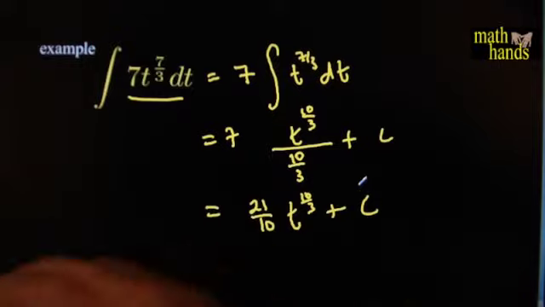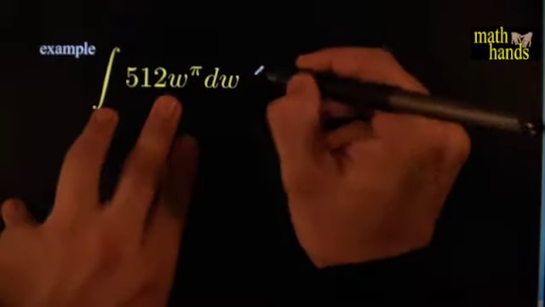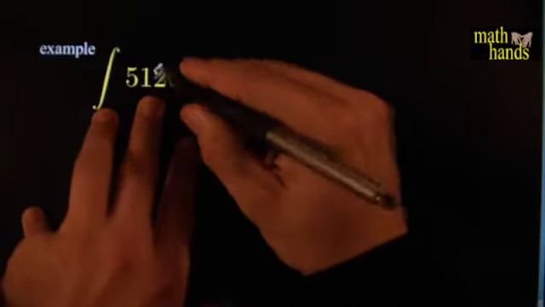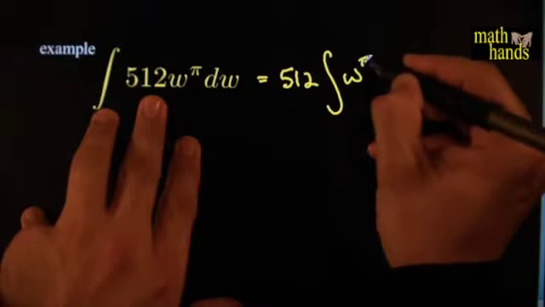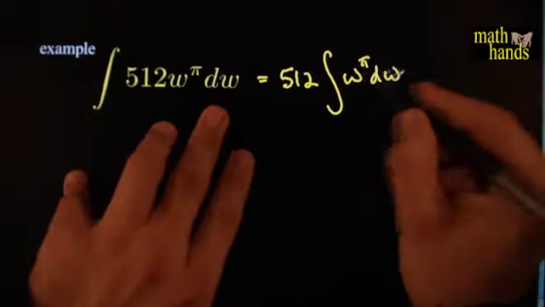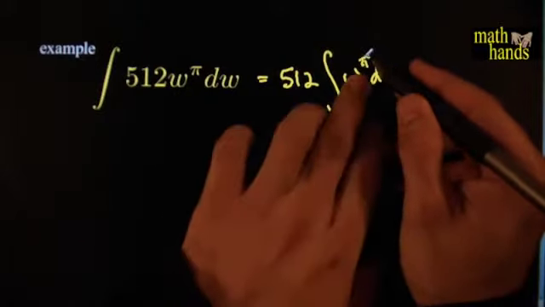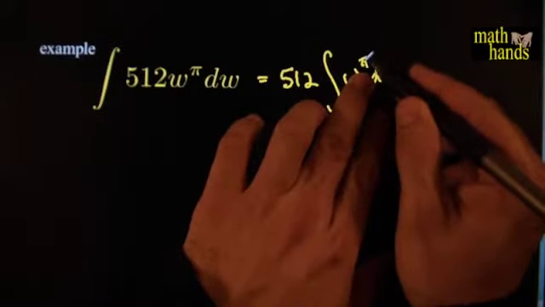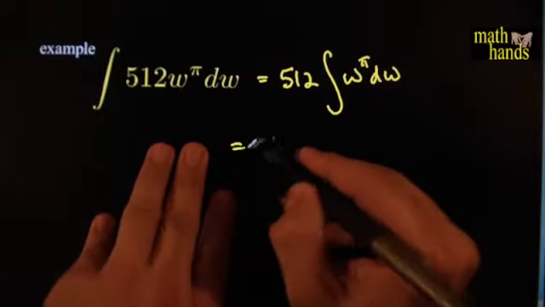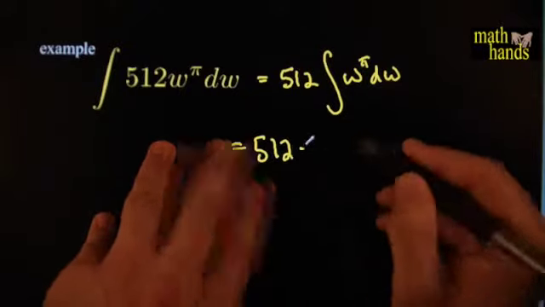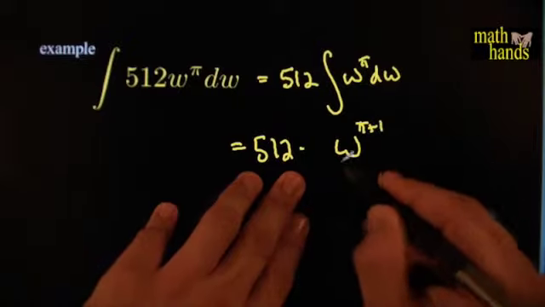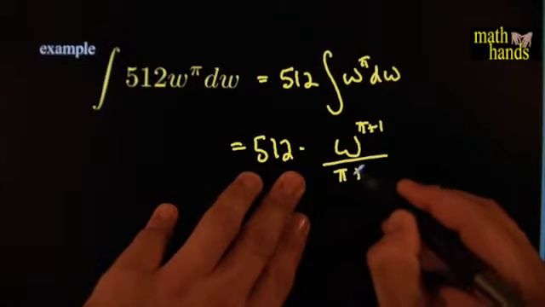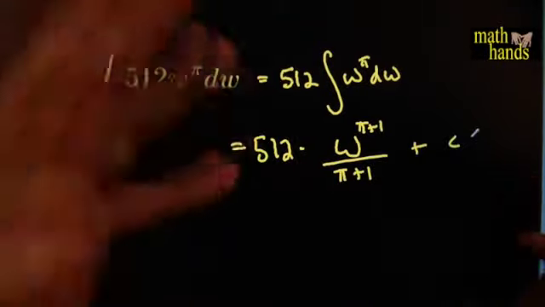Okay, it's called the power rule. Again, I want to emphasize, it doesn't matter if you've got constants, they can come out. And it doesn't matter if you've got different variables, as long as these match. And it doesn't matter what constant you have as an exponent, as long as that exponent is a constant, you can use the opposite of the power rule, which would mean you add 1 to the exponent, that would give you pi plus 1, and then you divide by the new exponent, that would give you pi plus 1, and then you add a constant.